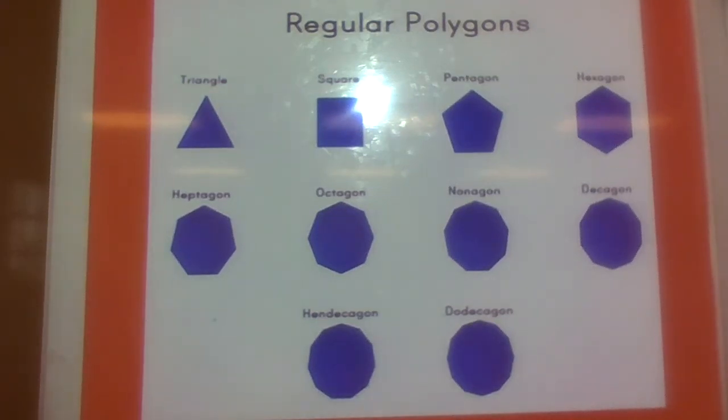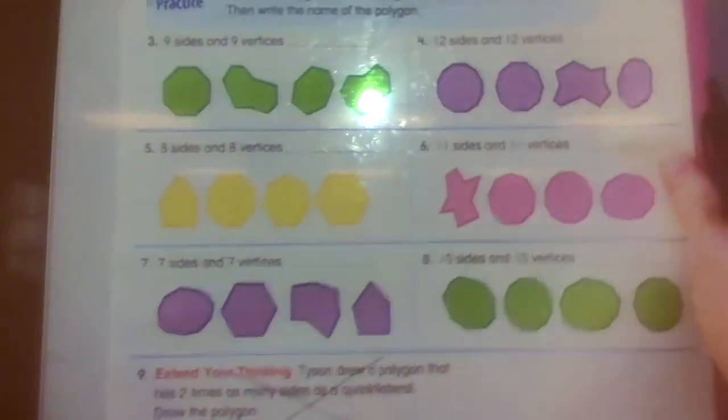They are the square, the triangle 3, the square is a quadrilateral 4, pentagon 5, hexagon 6, heptagon 7, octagon 8, nonagon 9, decagon 10, hendecagon is 11, and dodecagon is 12. Like I said, we don't use some of these that are over the octagon, but they're kind of fun to play with.